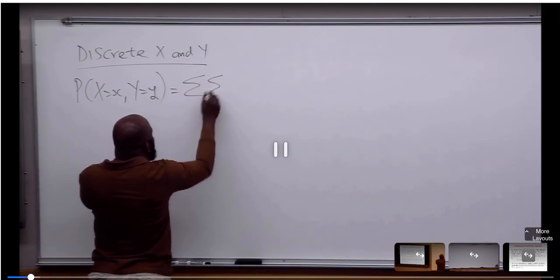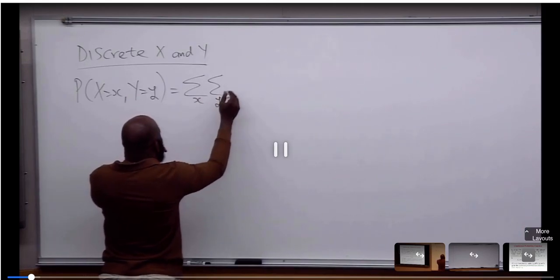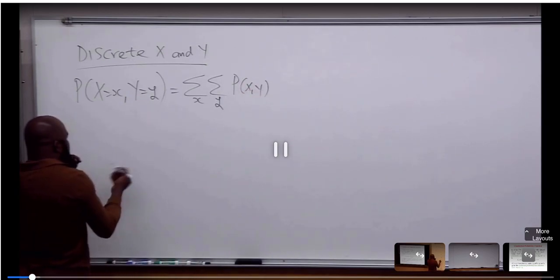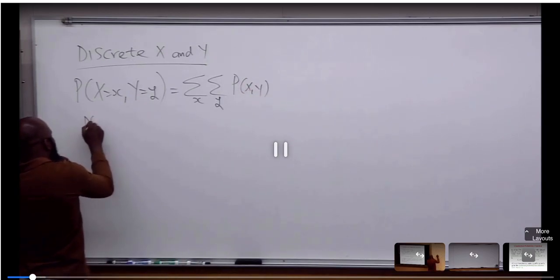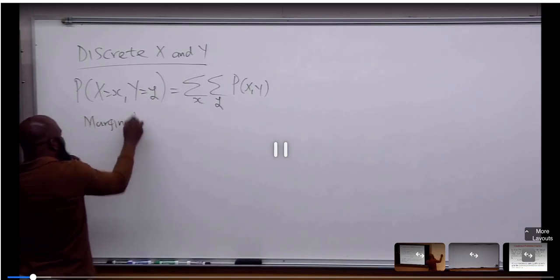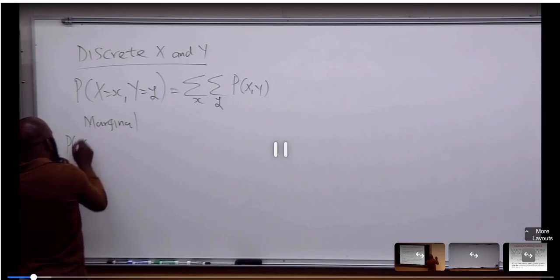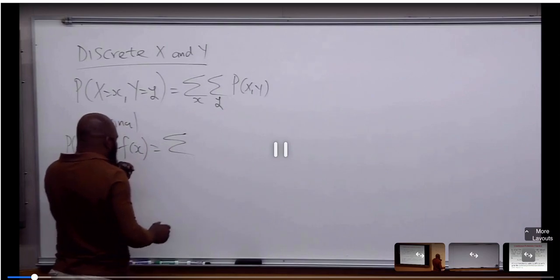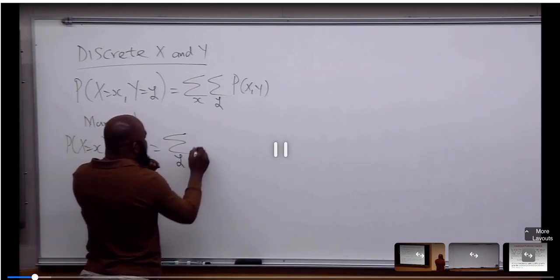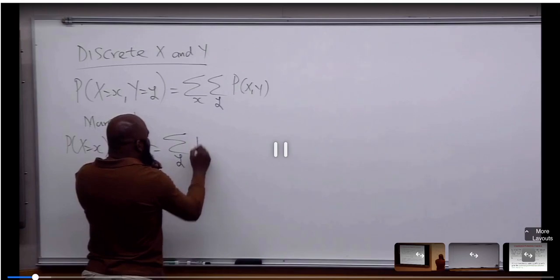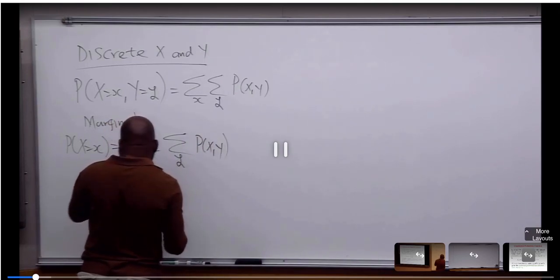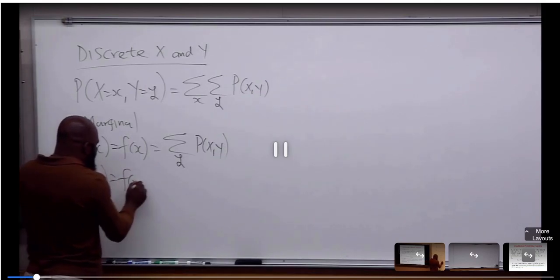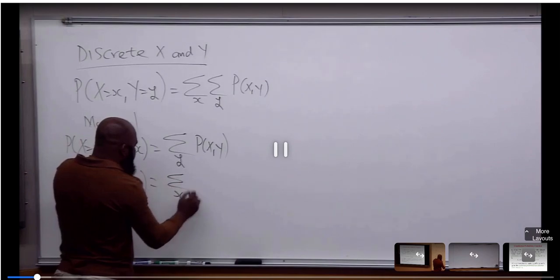Which is going to lead us to a situation where my focus is on the marginal, where I'm only interested in getting just f of x. So, of course, I'm going to sum this over the variable that I'm not interested in. Similarly, for this, I'm going to have this.